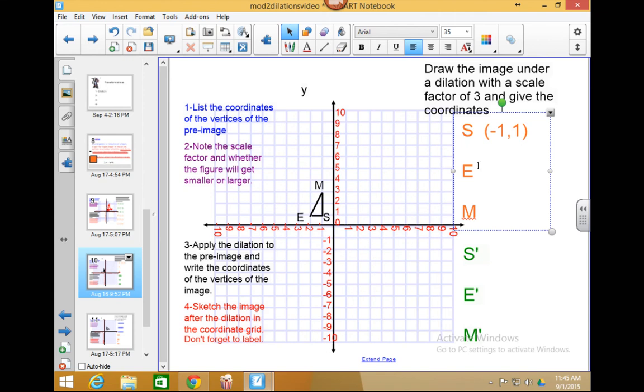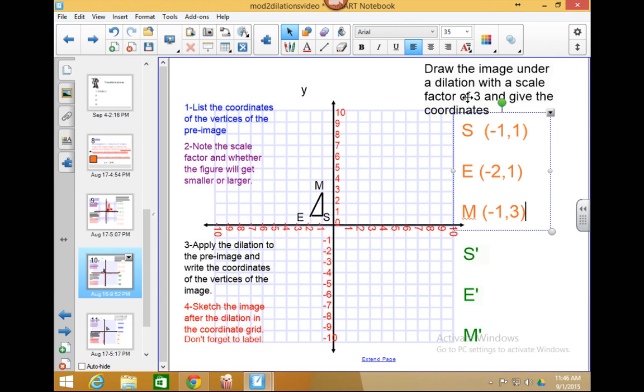E is, again, be careful, it's where the point is, not where the letter is. That's very confusing. So it's -2, 1. And then M, again, it's where the point is, not where the letter is. And it's -1, 3.